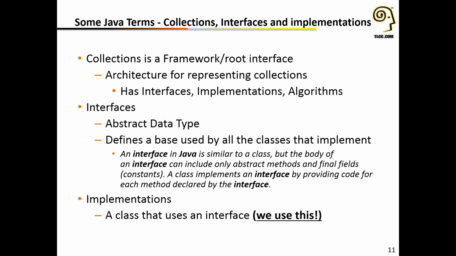Fields are also constants that classes can use. We're typically going to work with a class when we go to use something. A HashMap would be a class, but the HashMap implements an interface, in this case the Map interface, and the Map interface is part of the collections interface. You'll see the word interface a lot in Java, and it's just kind of like a base definition.